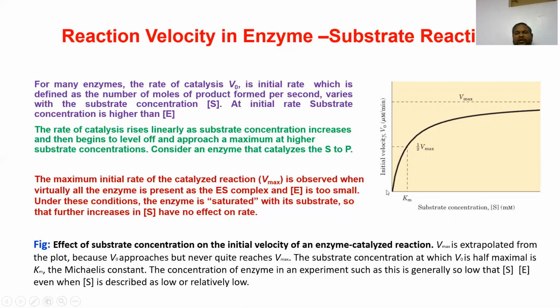If you see the plot of initial velocity V0 versus substrate concentration, the rate of catalysis rises linearly as the substrate concentration increases, and then it approaches the maximum velocity, Vmax, as the substrate concentration gets higher.